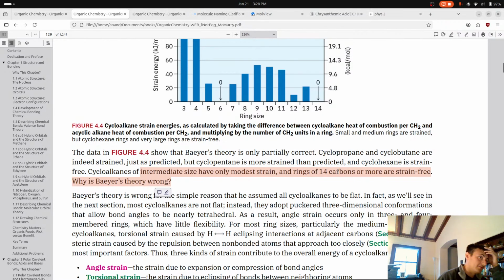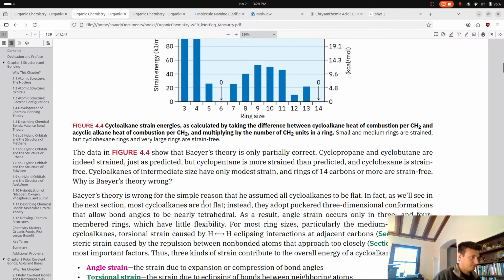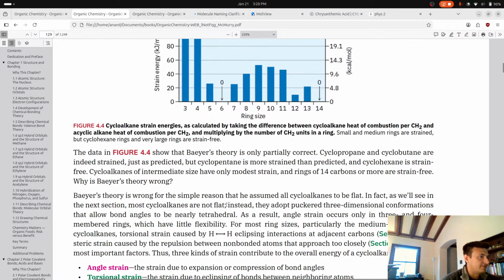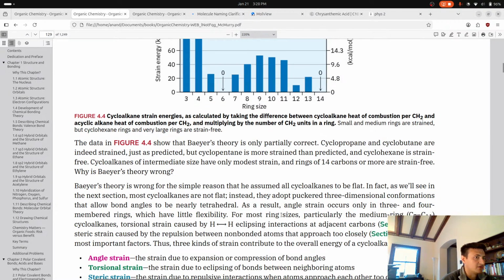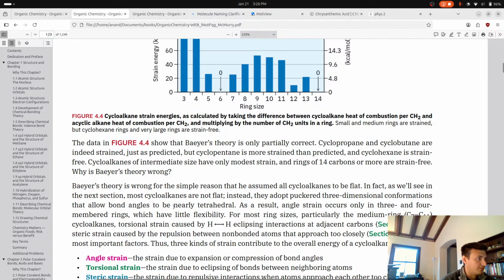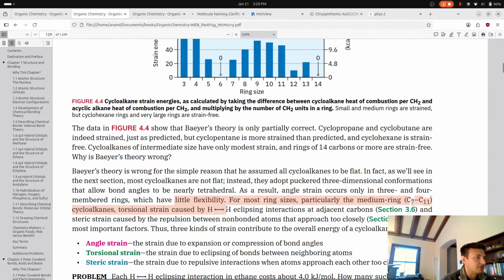Baeyer's theory is wrong for the simple reason that he assumed all cycloalkanes to be flat. In fact, as we'll see in the next section, most cycloalkanes are not flat. Instead, they adopt puckered three-dimensional conformations that allow bond angles to be nearly tetrahedral. As a result, angle strain occurs only in 3 and 4 membered rings, which have little flexibility.